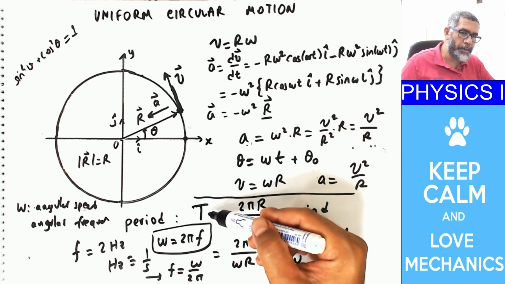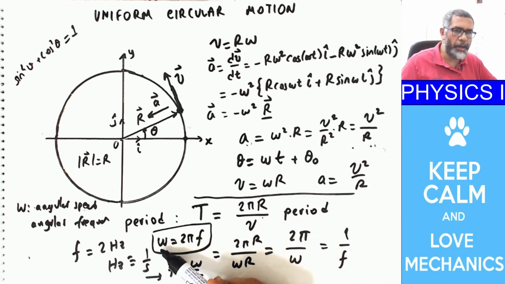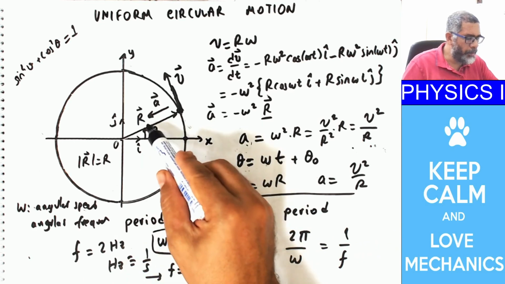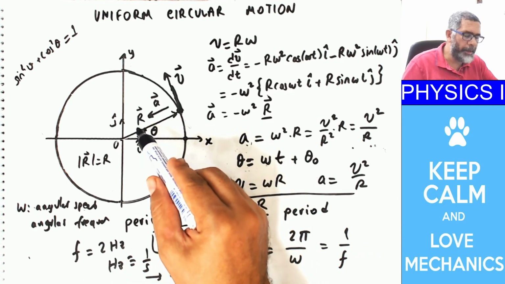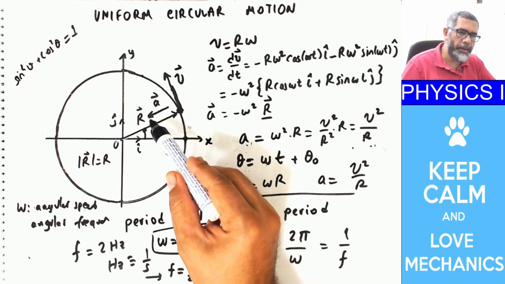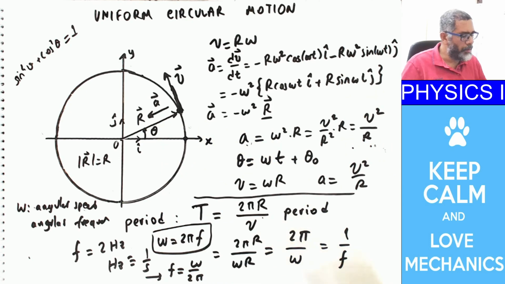You know its period, its frequency, and its angular frequency. We derived all of these from only the position vector. It's very incredible that by just writing what the position vector is, we derived all the things like the velocity vector, the acceleration vector, the magnitudes of them, etc.